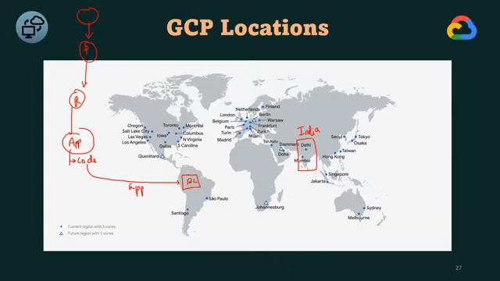If users from India want to use it, they have to connect to your application all the way from India to this particular data center. Then they will be able to access your application. So what is the problem here, sir? There will be network latency. When there is latency, people don't want to use your application.